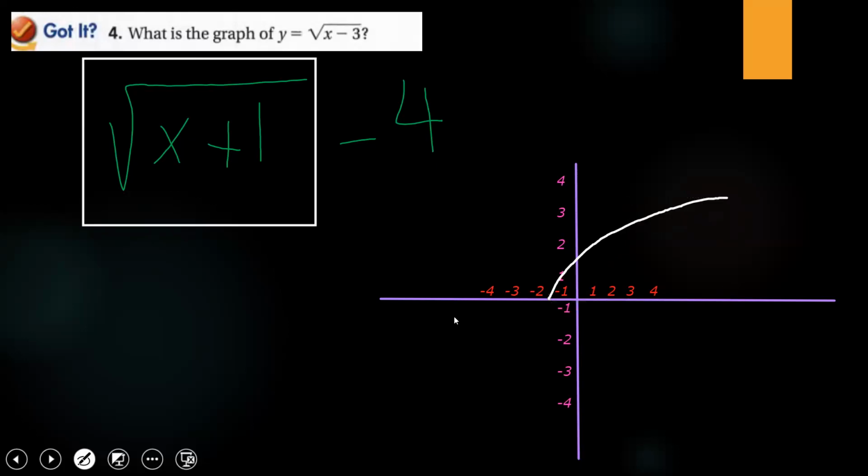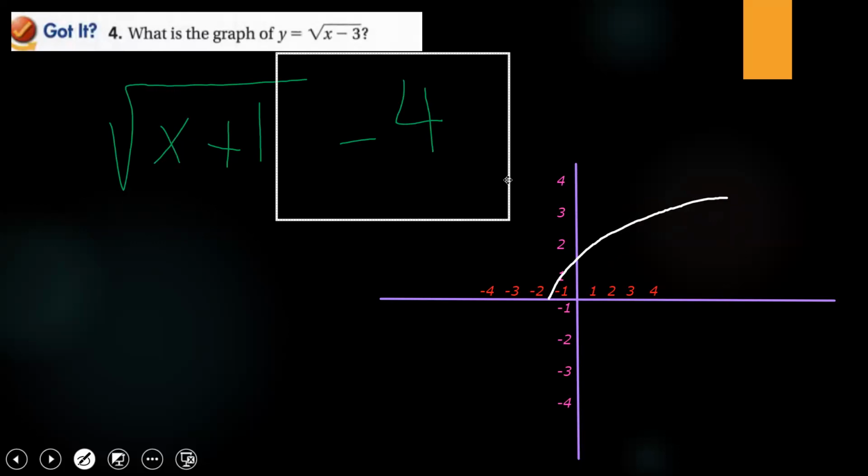After I finish, when I continue, what did I see? I have minus 4, come on. So what I have to do? I have to translate it 4 units down. So I will move this one from here, 1, 2, 3, 4. So here it will be the new position.